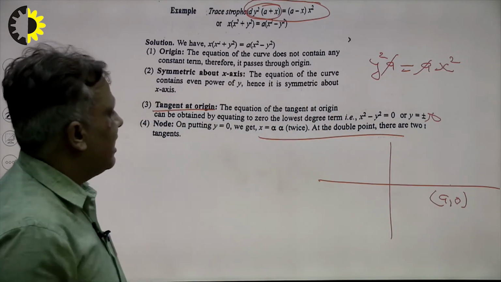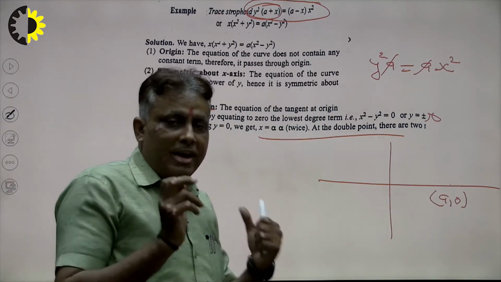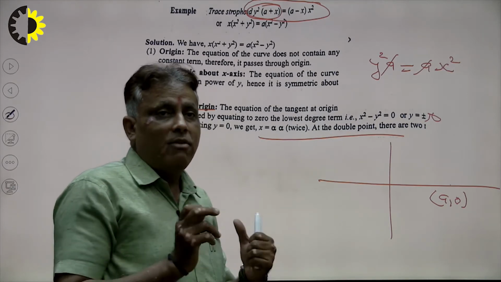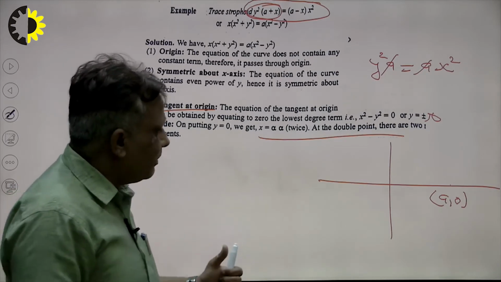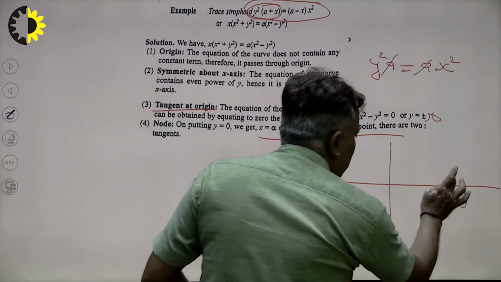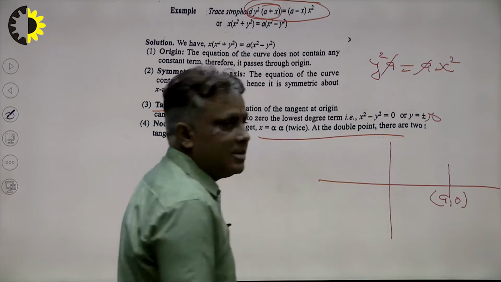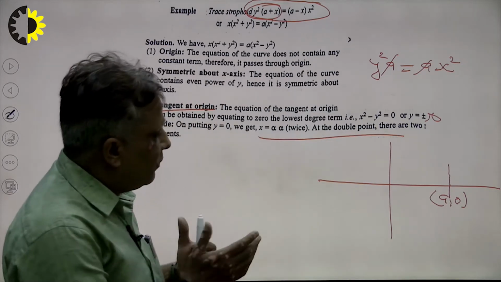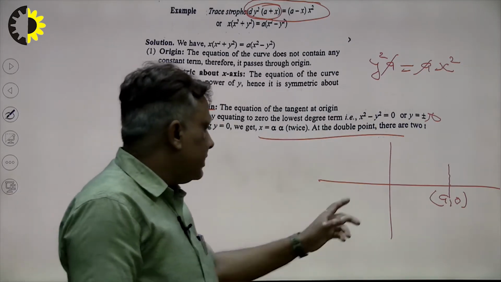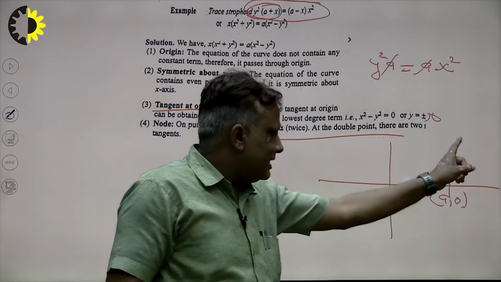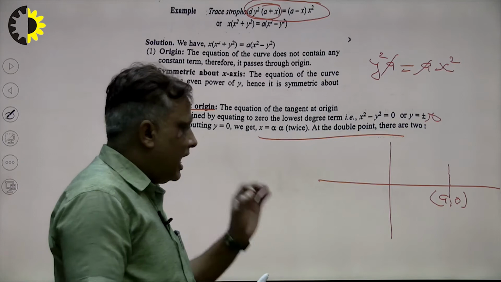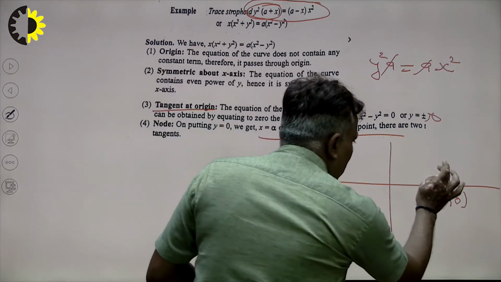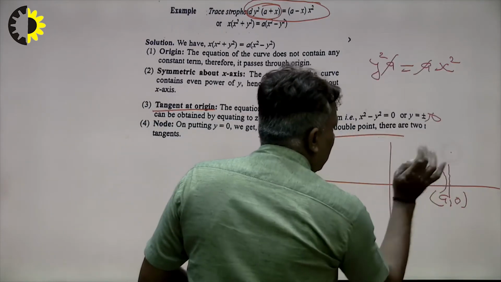In the previous lecture I explained, if the point is a comma 0 and the curve has all powers in integer, that means there is no fractional power, then the tangent will be the y axis. And now the nature of the curve at a comma 0: because the curve is symmetrical about the x axis and the tangent is the y axis, both are different, that means the nature of the curve at this point will be a node.